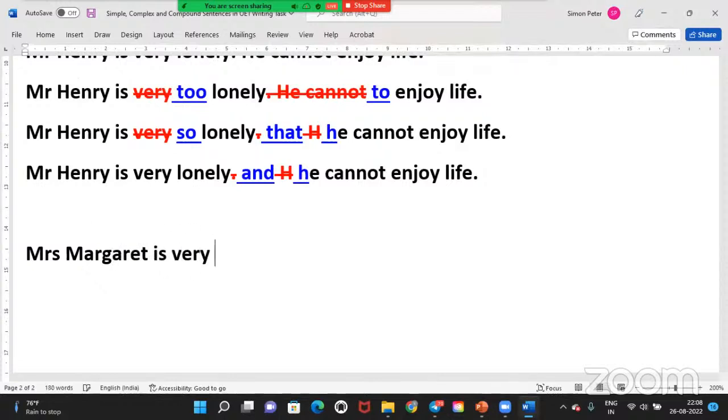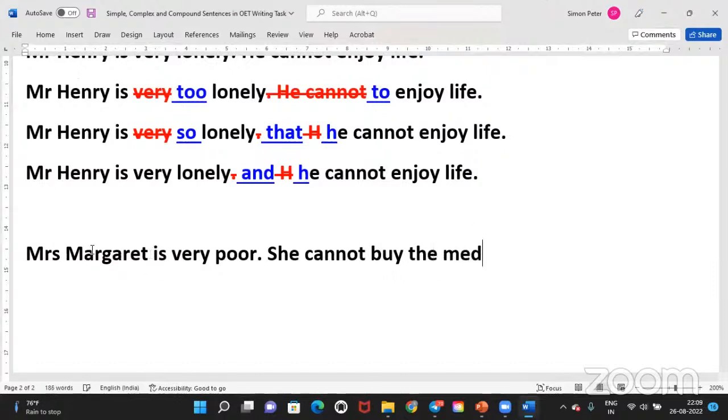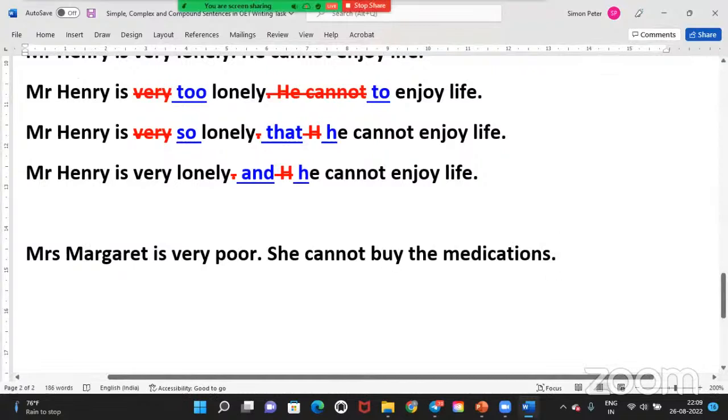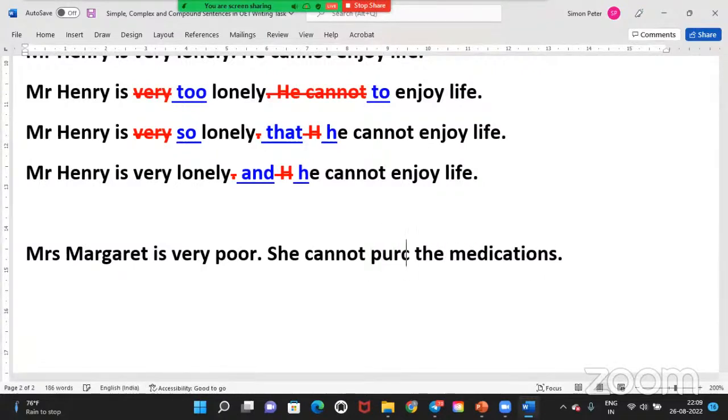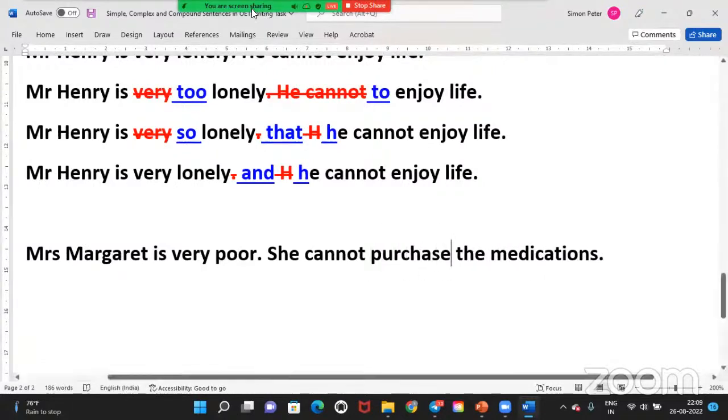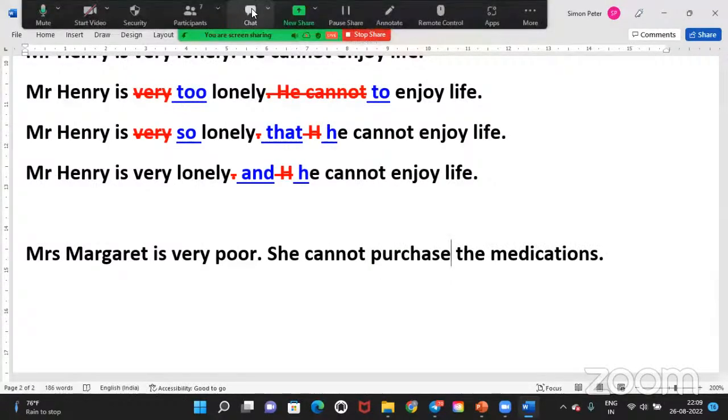She cannot buy the medications. She cannot purchase the medications. Come on. All of you write and keep it, then I will count. Don't submit, okay? All of you write and keep your answers.